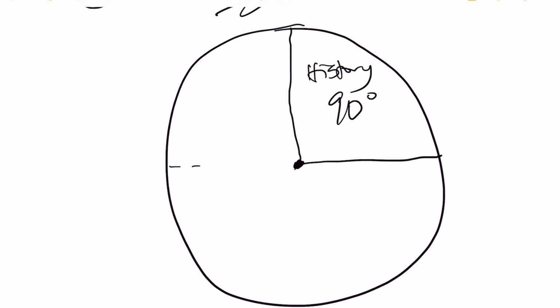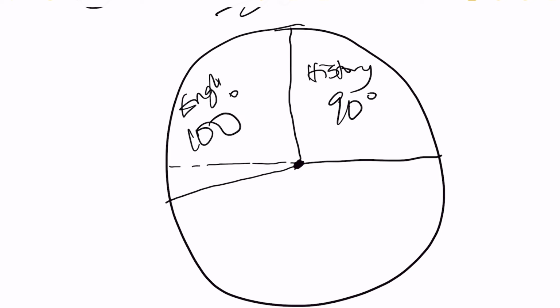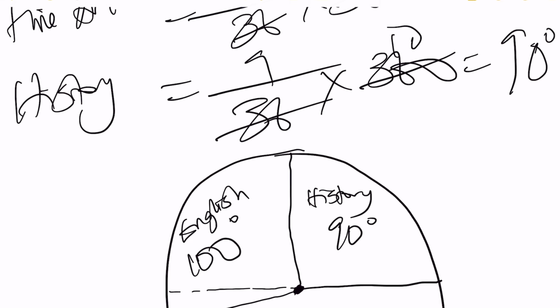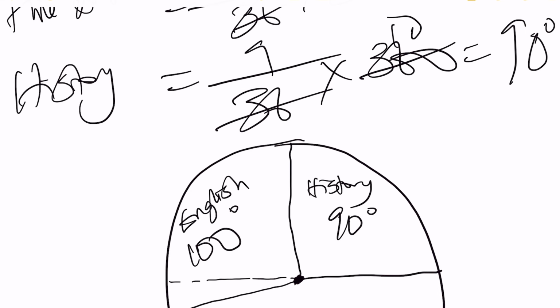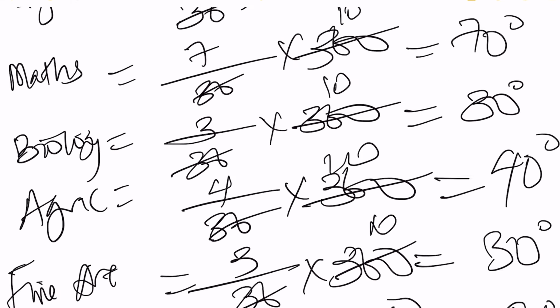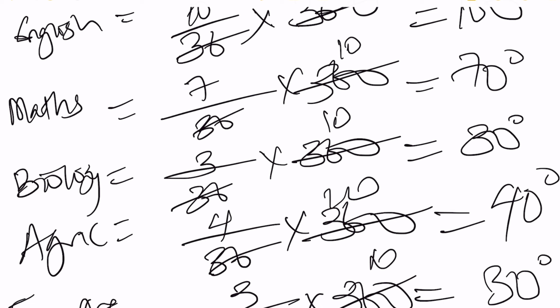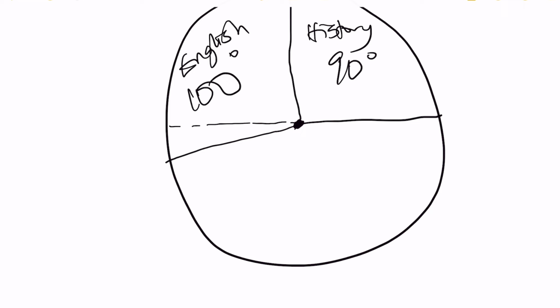If our 90 is here, then the additional 10 will be around this. So here is our 100 degrees for English. Here is the remaining 80 degrees.